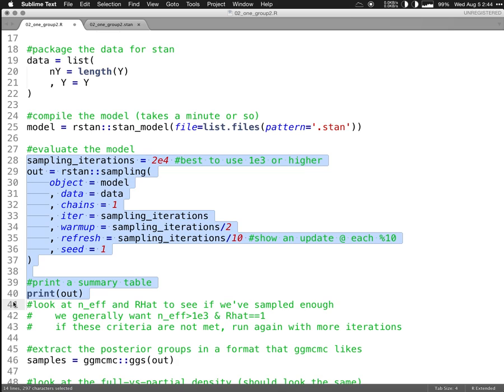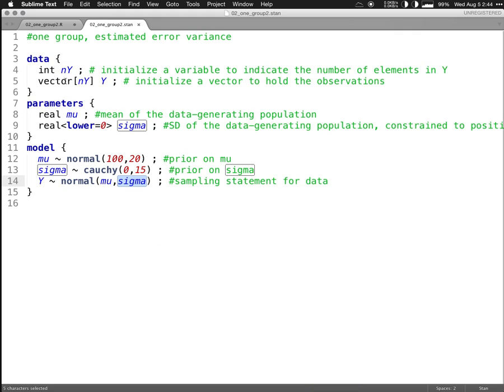Sure. So I know what the Y is in the R. Yep. And what you're doing is you're telling Stan to expect some data coming in Y, and you're telling it that you have this model for how Y came about. That Y is a sample from a normal distribution with some mean and some variability.